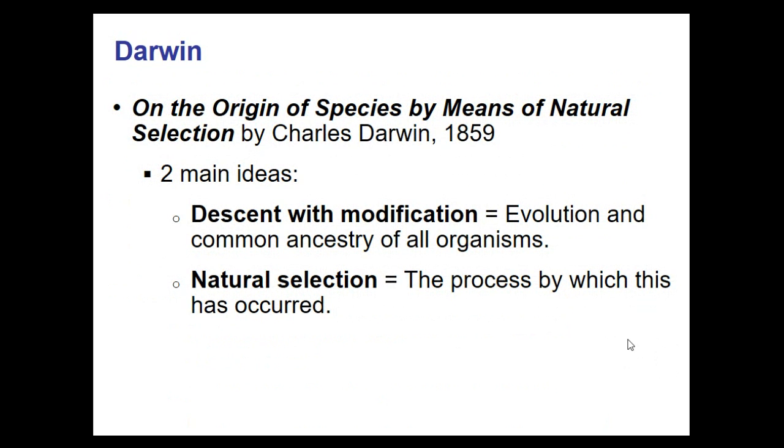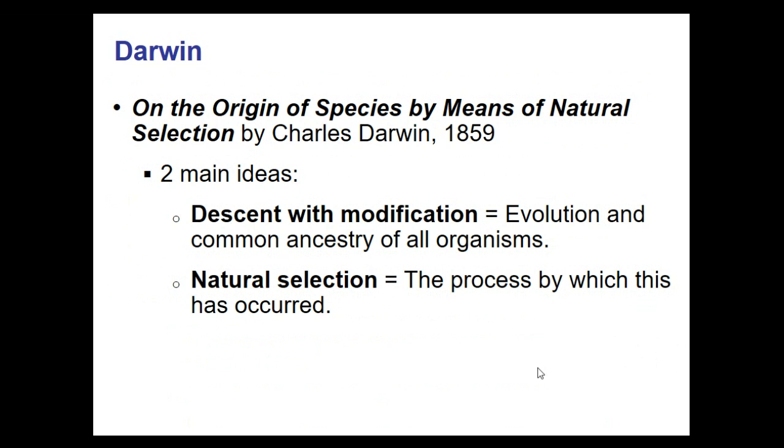Okay, Darwin published his theory, or it was a hypothesis at the time, in this manuscript called On the Origin of Species by Means of Natural Selection in 1859. The short version of that title is just The Origin of Species. And he used the term descent with modification. That's his descriptive phrase that means evolution.